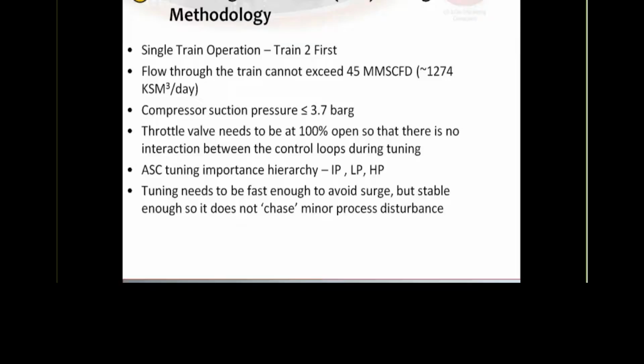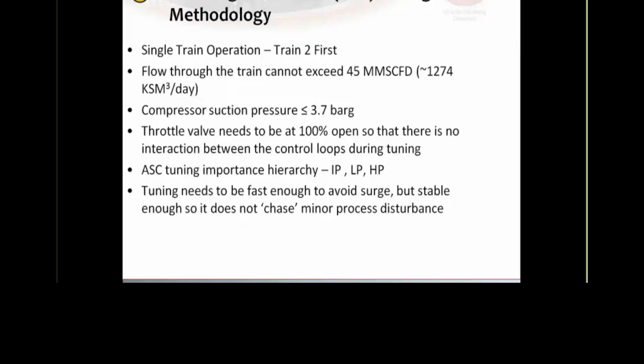The way we go ahead for tuning is, we found out the most optimized way to tune would be to tune the IP section first, then LP and HP. It might sound very relevant after you know it, because the IP is pretty much the loose link between the two other sections.